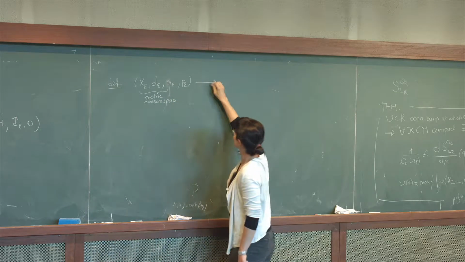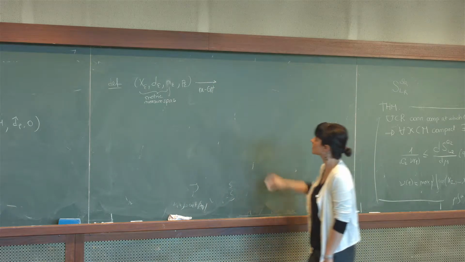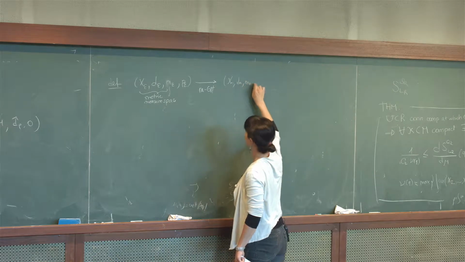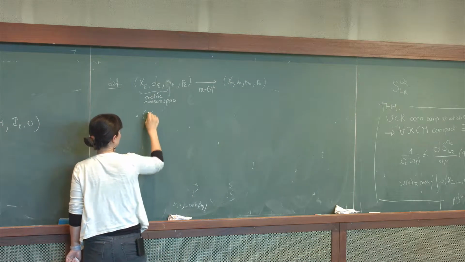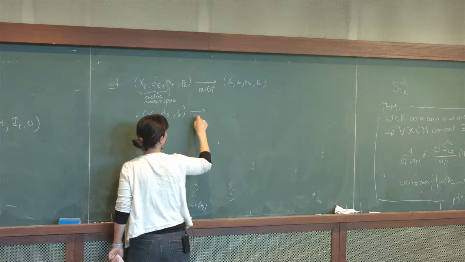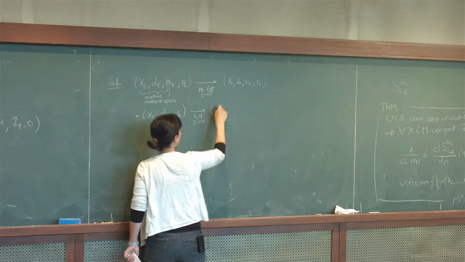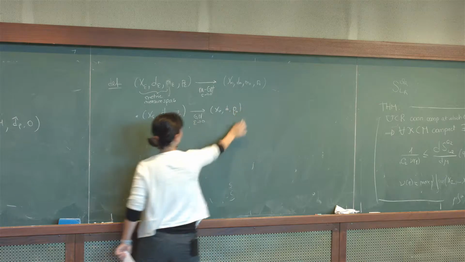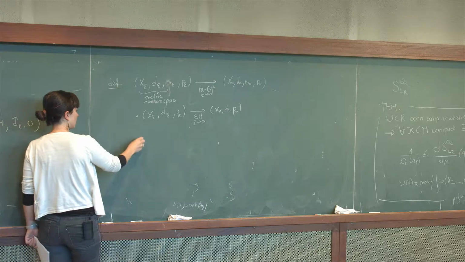I'm going to say that these converge in the measured Gromov-Hausdorff sense to some (X_0, d_0, m_0, p_0) if I require the sequence of pointed spaces to converge in the Gromov-Hausdorff sense. And what do I require concerning the measure? I require weak convergence, which is the following.